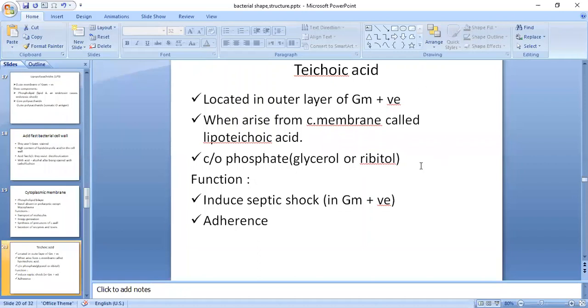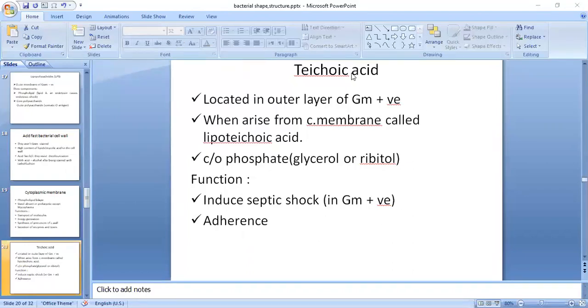So this is the composition, and what are the functions? They induce the septic shock in the gram-positive bacteria.